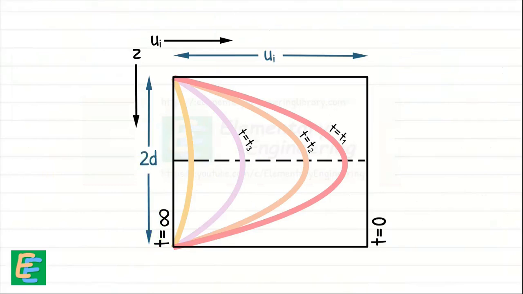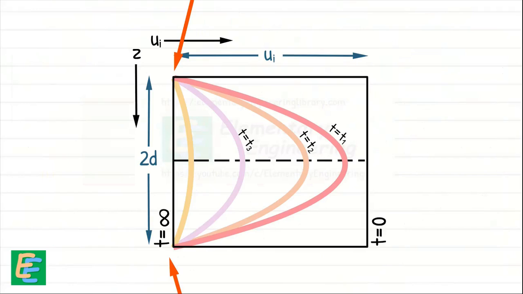As time progresses, excess pore water pressure starts to dissipate and the curve becomes parabolic in shape. The highest excess pore water pressure is observed at the midpoint of the consolidating layer, gradually decreasing towards the drainage boundaries.